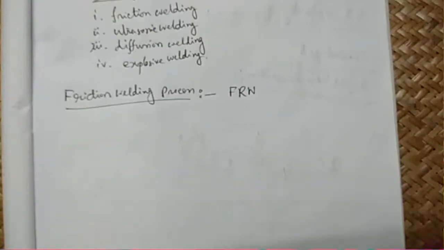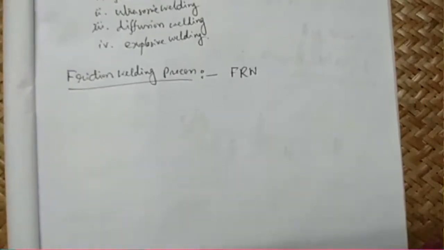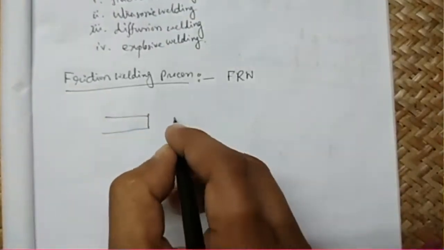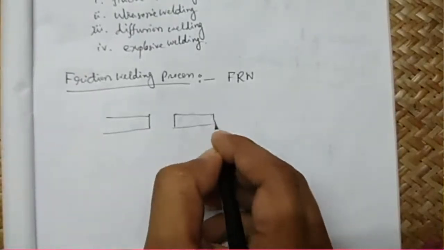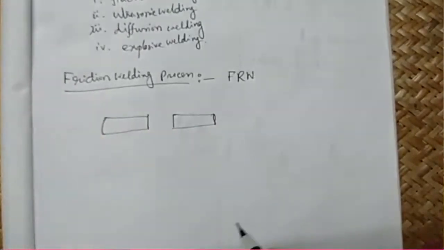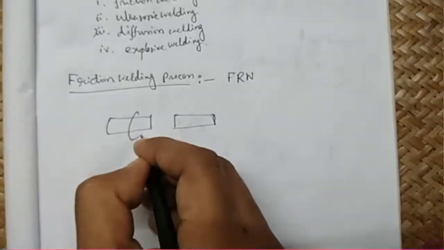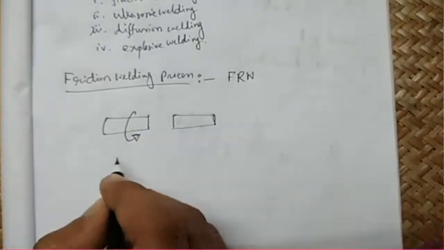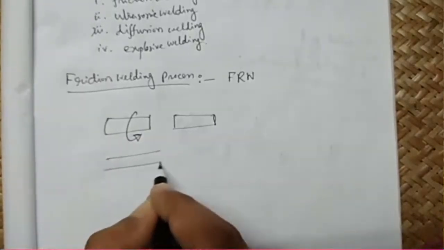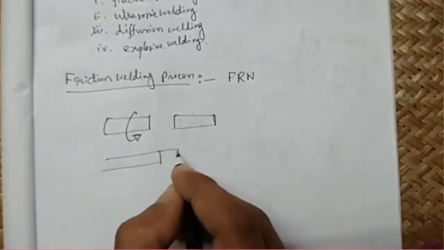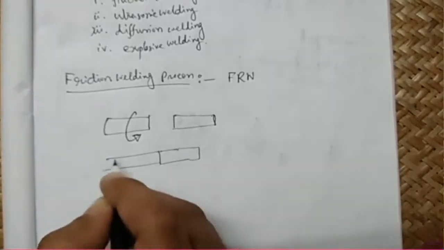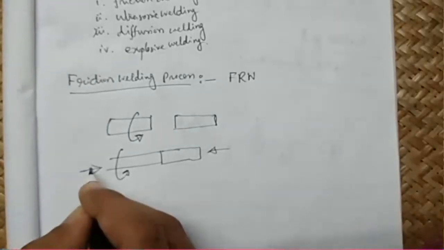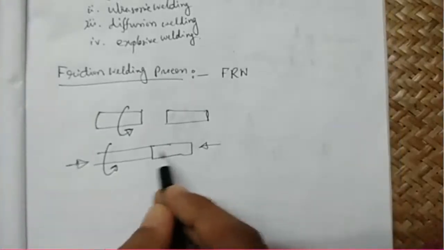First, let me show you the working principle, how this works. Suppose we have two bars. One is rotating, the other one is fixed. Now this rotating one is rotating, and pressure is applied in a mild way so that they can face each other.